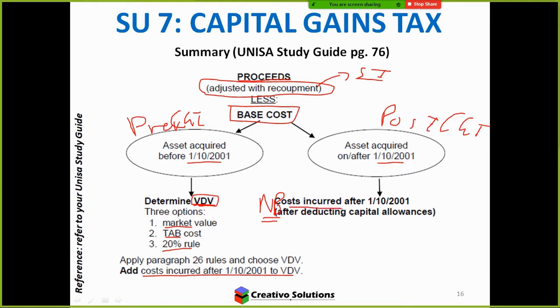It's just the cost that you incurred after you bought the asset. So if I bought the asset in 2005, I would obviously have costs after deducting any capital allowances. That would form part of my base cost. But you'll see workings when we go through examples and we do past papers and the assignment. Are we okay? Yes.